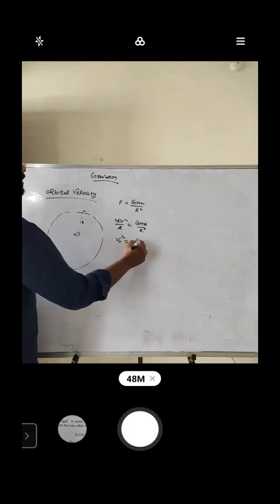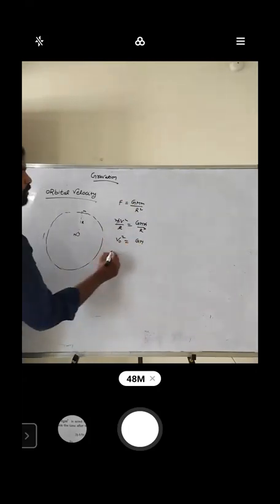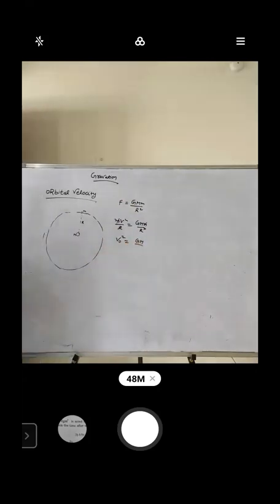V naught square R equal to G capital M. So instead of GM, what can you write, according to the small g and capital G relation? GR square.